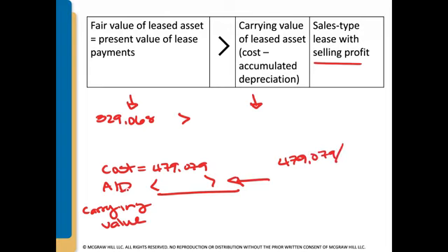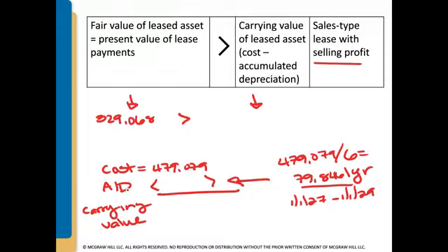$479,079 divided by the useful life of 6 years. So we would have had depreciation expense of $79,846 per year. We acquired this asset on 1/1/27, and now we've reassessed the terms of the lease at 1/1/29. So we have 2 years worth of depreciation.